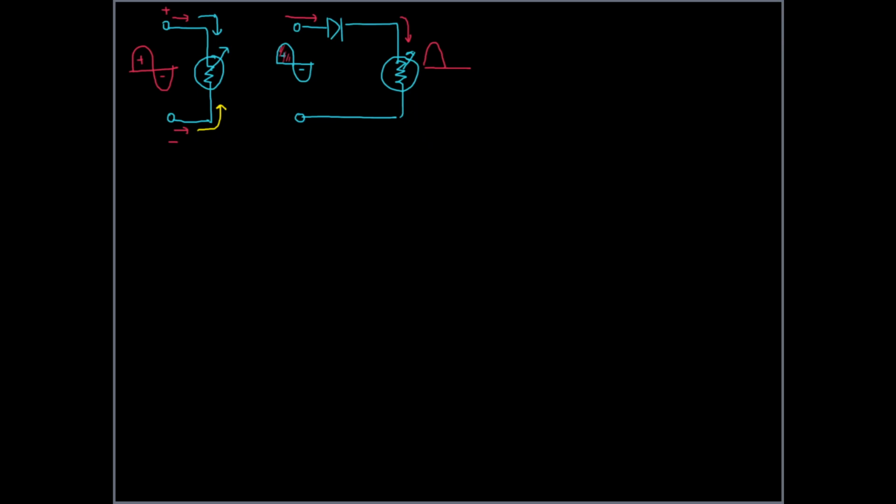However, during the negative alternation here, current is going to come from here. What happens is this diode is going to be reverse biased, and if it's reverse biased, technically it's now offering a very high value of resistance.